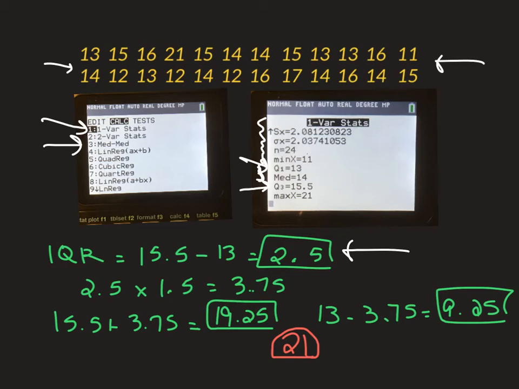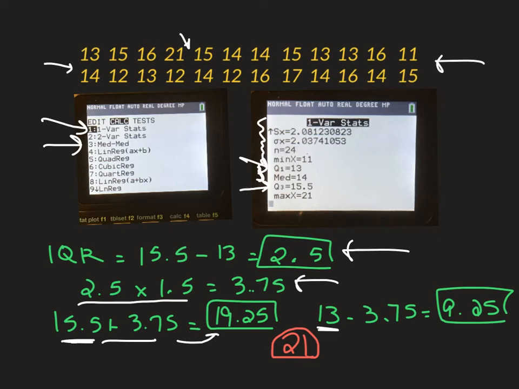To find outliers, you multiply that IQ range times 1.5. It's always 1.5. When I did that, I got 3.75. Now, 3.75 is not a stat in the list, but it tells you how far something has to be from Q1 and Q3 to be an outlier. So you take your Q3, the bigger one, and add 3.75 to it, and I got 19.25.